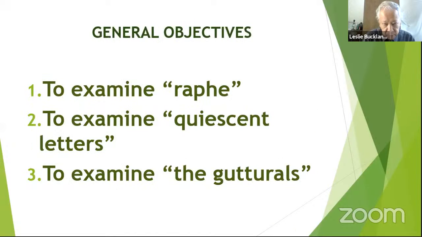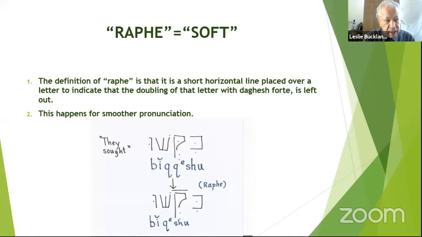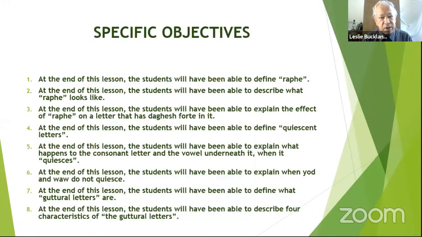The specific objectives are: number 1, at the end of this lesson, the students will have been able to define raphe. 2, describe what raphe looks like. Number 3, explain the effect of raphe on a letter that has dagesh forte in it.